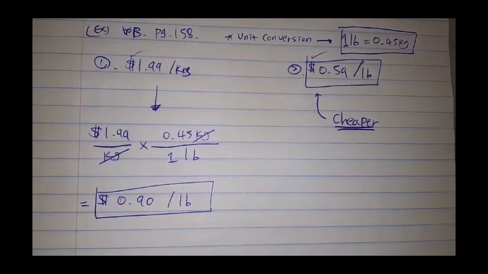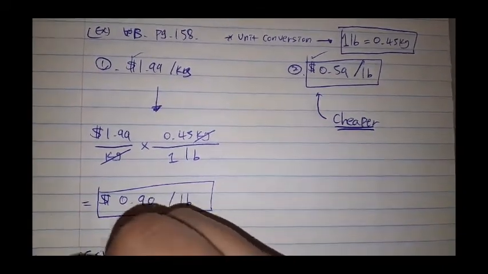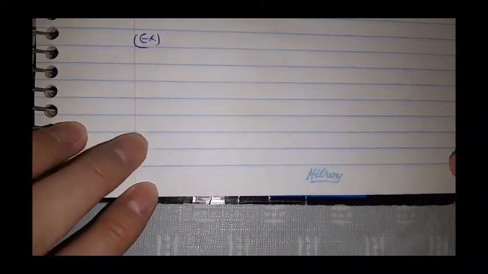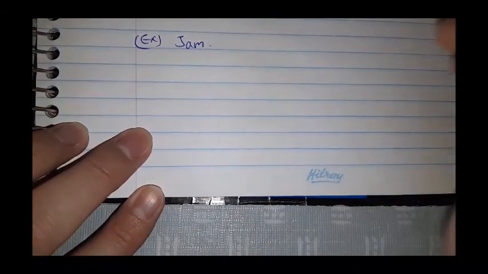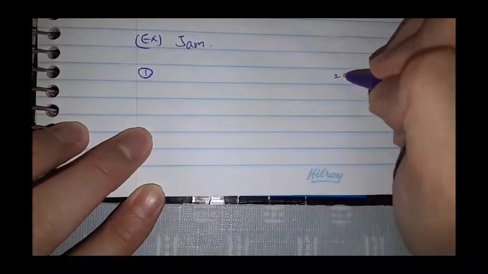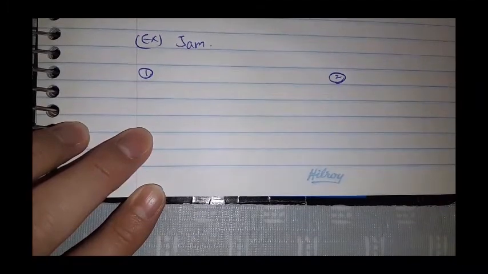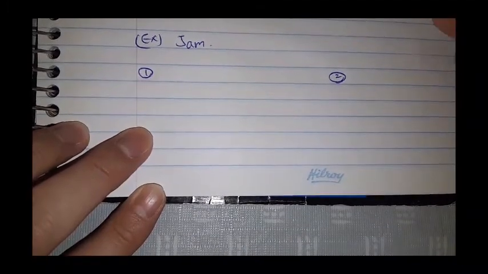Let's do one more example. It's not in the workbook, let's do something for fun. Let's say there's a strawberry jam, and one of the stores sells organic jam, whatever, blueberry, strawberry, doesn't really matter.